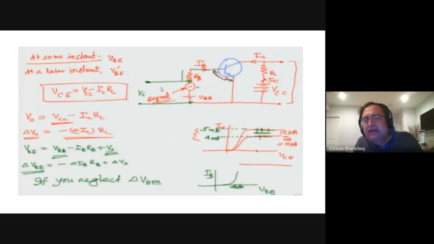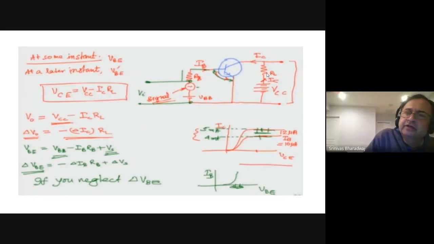Therefore, this big current leads to an amplification across the RL resistor. So across the load resistor, you will see an amplification of the VB voltage. So this is the approximate working of an NPN transistor.